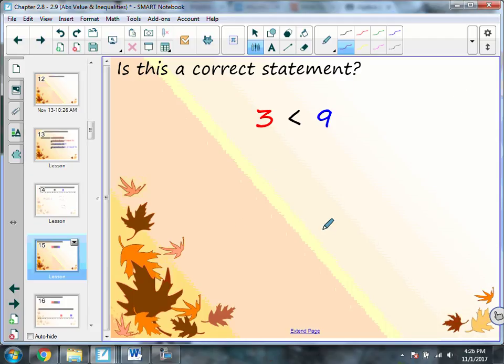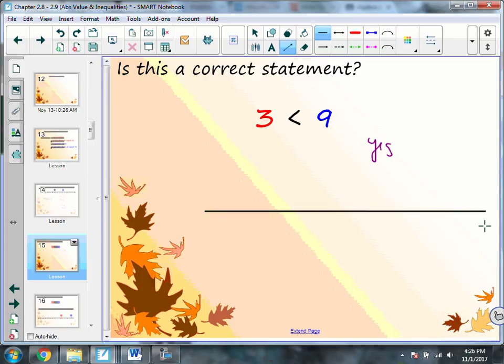So, is this a correct statement? Is 3 less than 9? Well, it is, yes. One way you can consider this is to take a look at a number line.